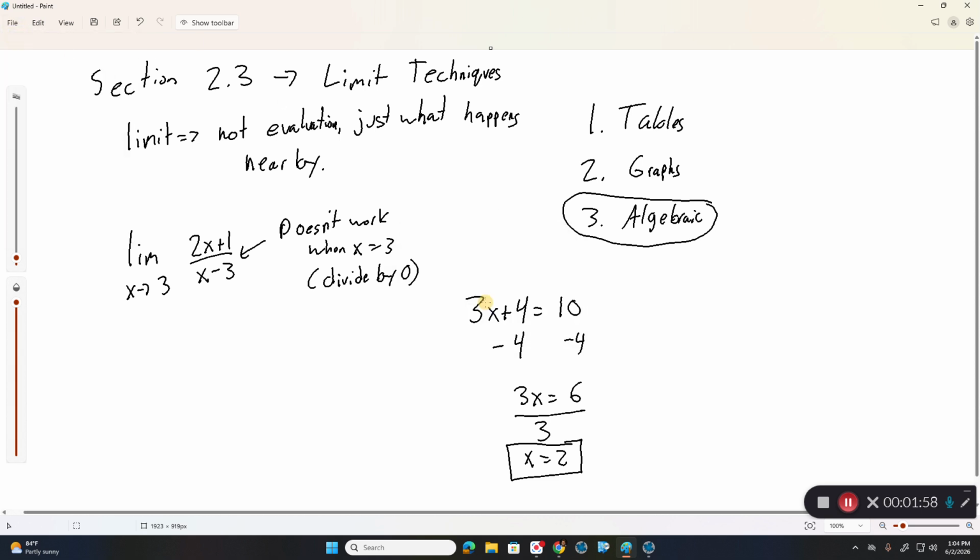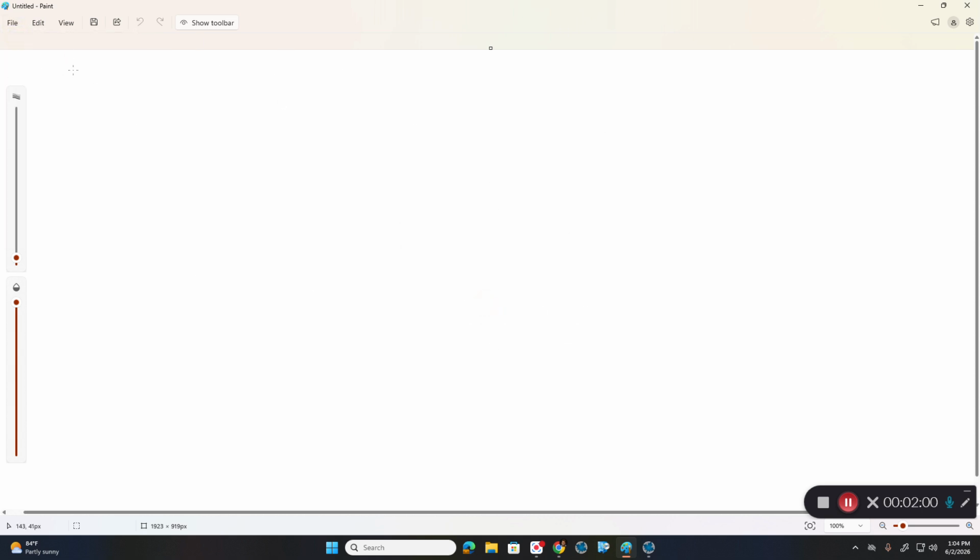So first, I want to talk about some rules for limits, and these are going to be really, really important as you go, especially from this class to something like Calculus 2. You start to really talk about what does it mean for these limits to converge? What does it mean for these limits to exist?